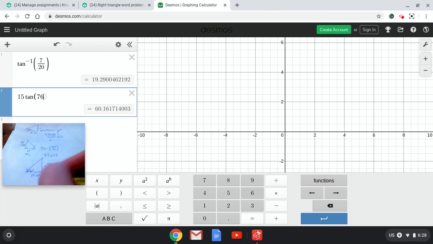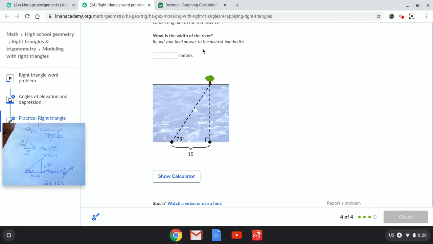Oh, let's write that down. 60.162. So we go back. They want the nearest hundredth. So it looks like they're alternating what they're asking for here. 60.16.